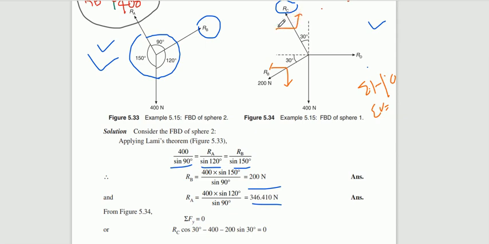What is the vertical component of RC? Resolution: RC cos 30. RC cos 30 is the vertical component because RC makes an angle of 30 degrees with respect to the y axis. Therefore the y component is cos and the x component is sin. And what is the resolution of RB, its x component?